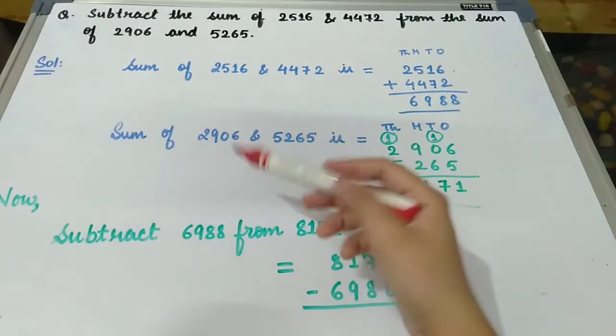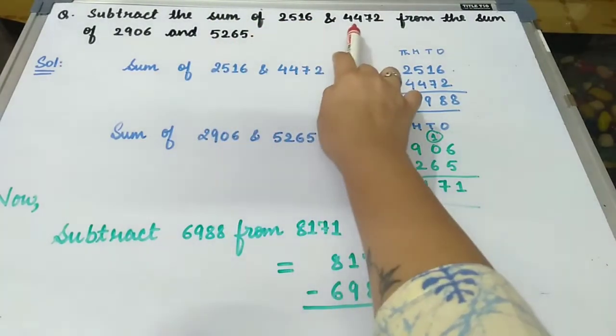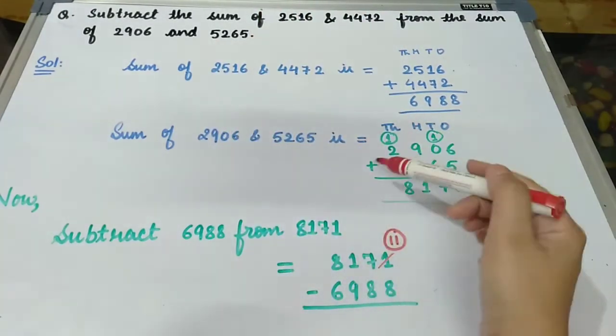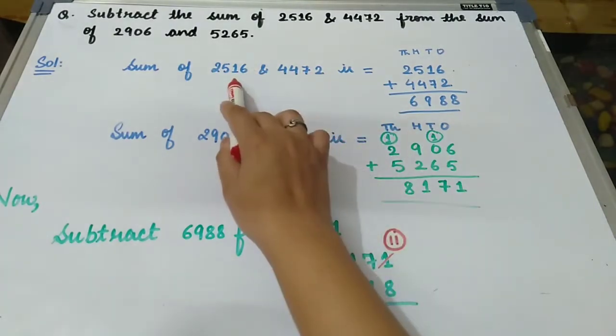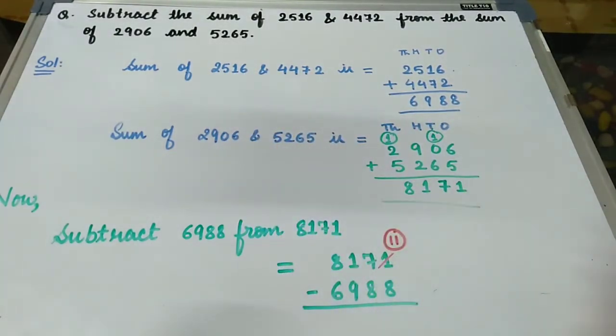So in this question clearly it is given कि we have to add both these numbers first and these numbers first. Then whatever the result we will get, we will subtract the sum of these numbers from the sum of these numbers. So it is easy.